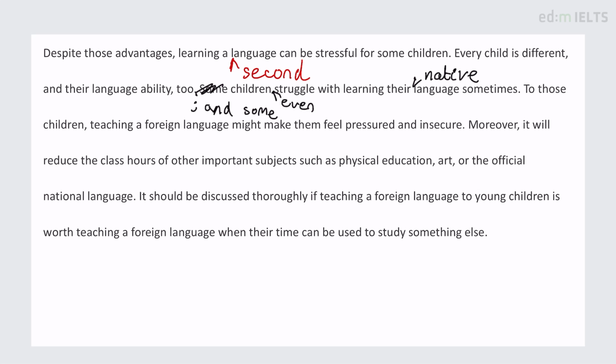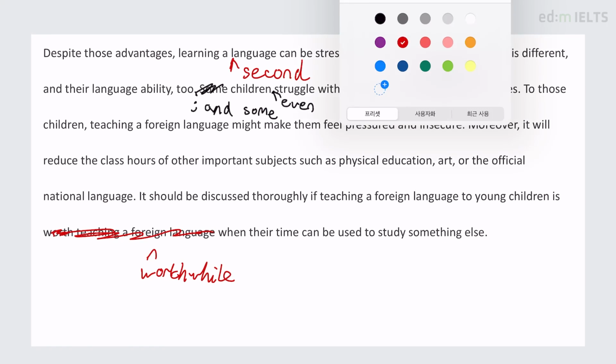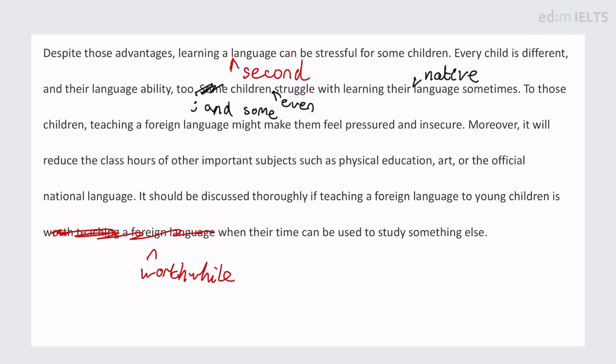Teaching a foreign language to young children is worthwhile when their time can be used to study something else, or even just run around and play and be a child. Heavens forbid children should have time to go outside and play.